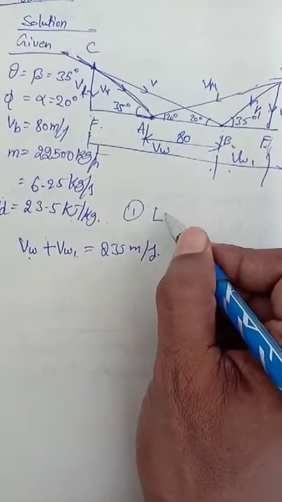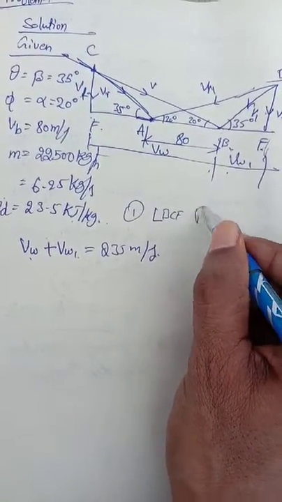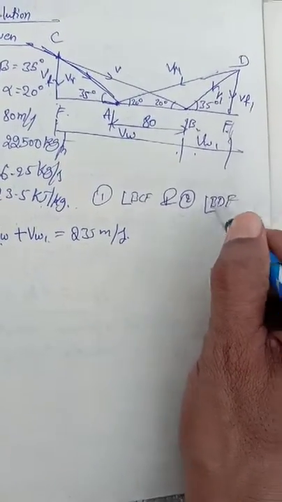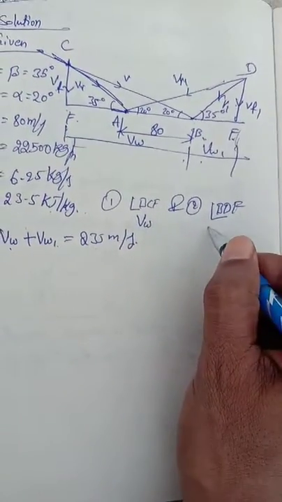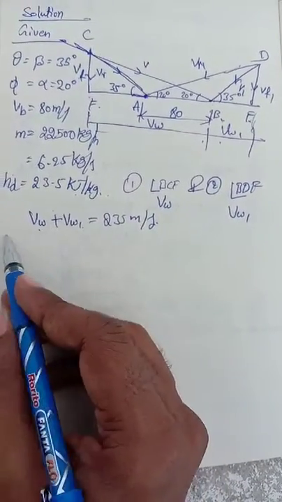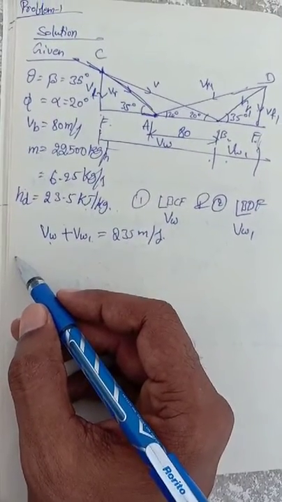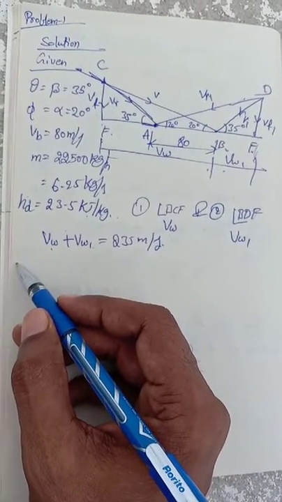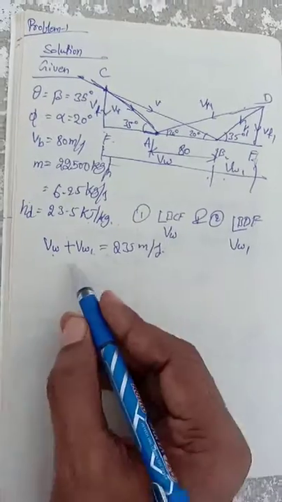We take the first triangle BCF and the second triangle BDF. Here we get VW, here we get VW1. Okay, now you get it.